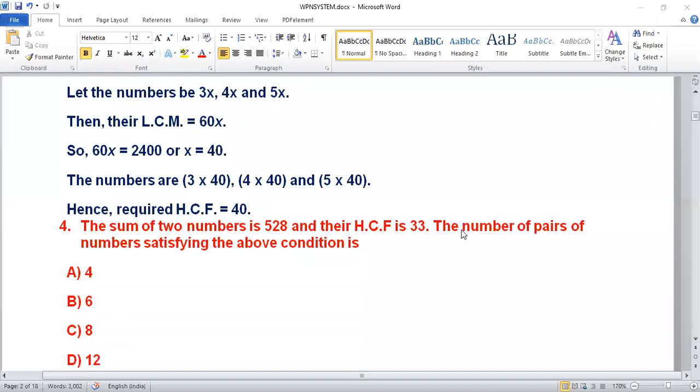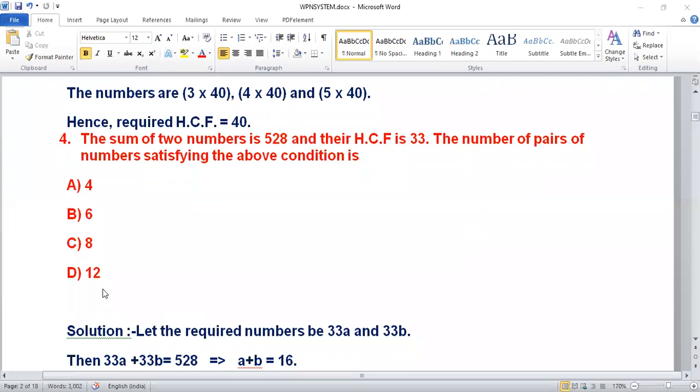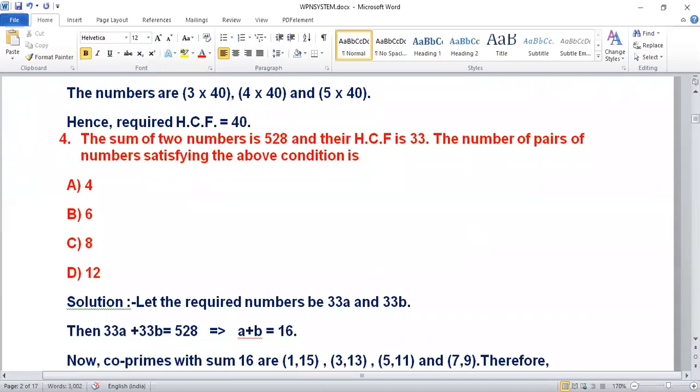Now we are moving to question number 4. The sum of two numbers is 528 and their HCF is 33. Find the number of pairs of numbers satisfying the above condition. In the same way, let the numbers be 33a and 33b. So 33a plus 33b equal to 528 as it has been given in the question.